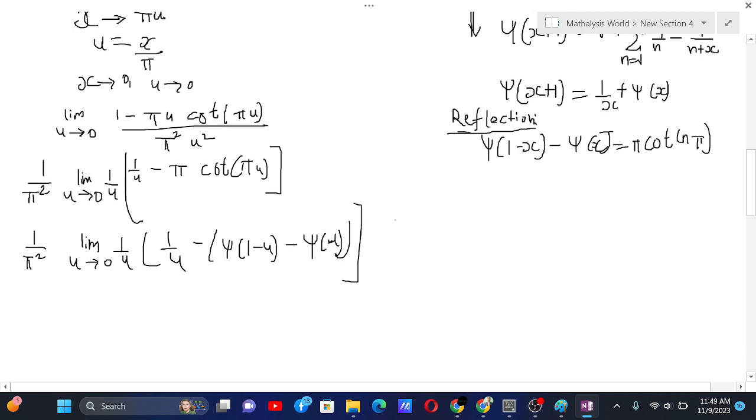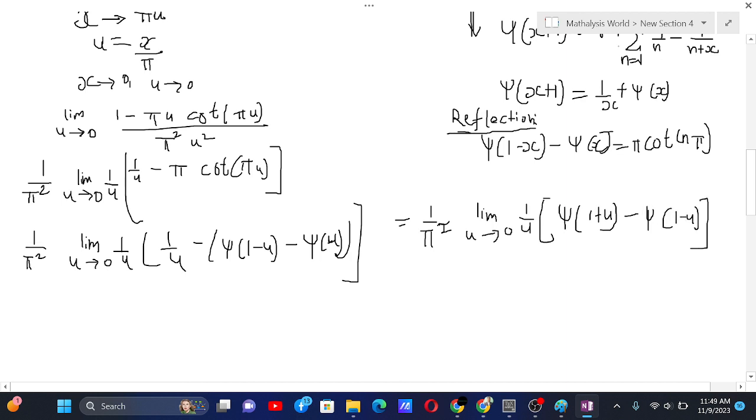Now this thing gives us 1 by pi square, the limit u tends to 0, and then 1 by u, and then 1 by u plus digamma of u is actually digamma of u plus 1. Digamma of u plus 1, we had this over here, and then minus digamma of 1 minus u.